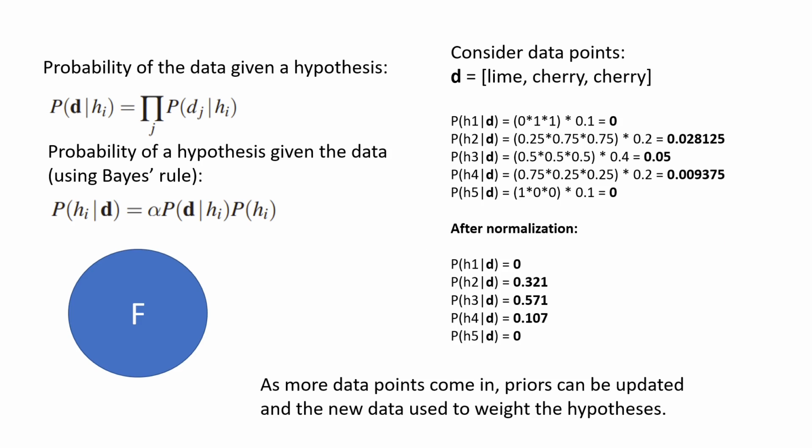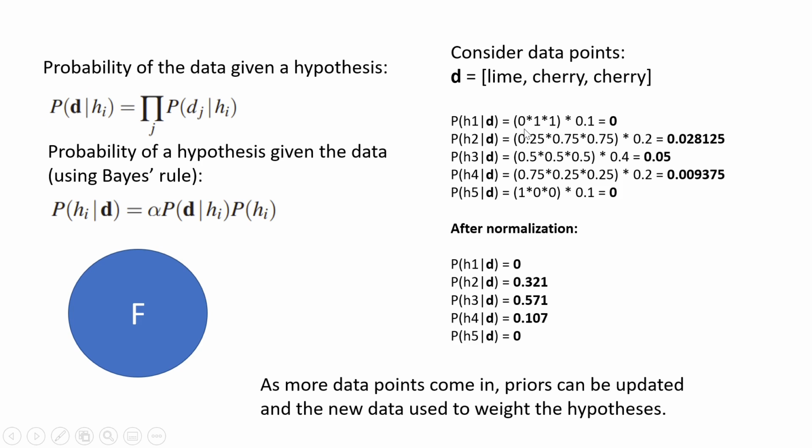So let's do an example of trying to predict or learn this node's distribution. So imagine that we have these data points: drawing lime and then cherry and then cherry. So the probability of this data set given the hypothesis 1, which was that the bag was 100% cherry, is going to be first calculating the probability of that data based on H1.